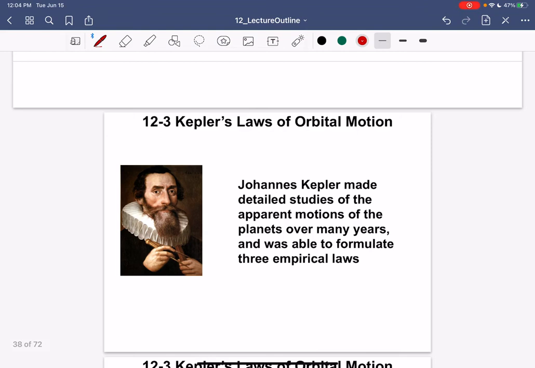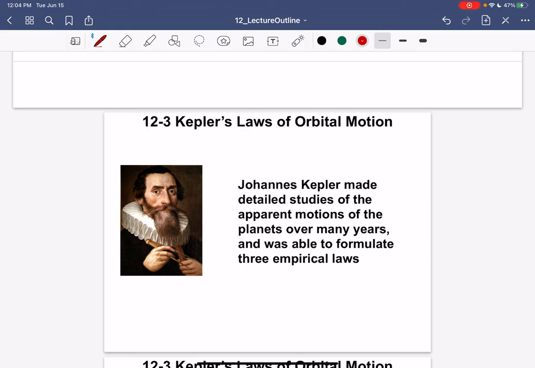Now, we know that Newton was not the first one to talk about gravity or to discuss these forces in the universe.